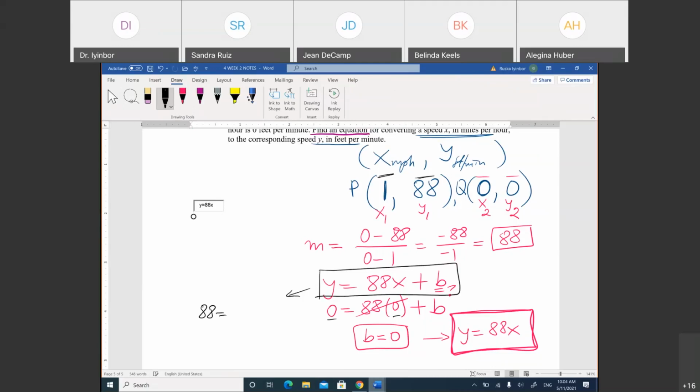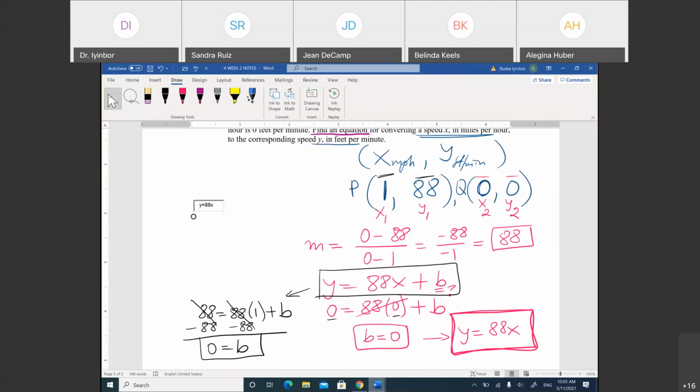Equals 88 times 1 plus b. 88 times 1 is 88, so I have to subtract 88 on both sides. And it's going to be 0 equals b. So I'm going to get the same. Everybody see that? So it doesn't matter if you use the point P or the point Q to find b, you're still going to get the same b. It's 0. Everybody understand that?